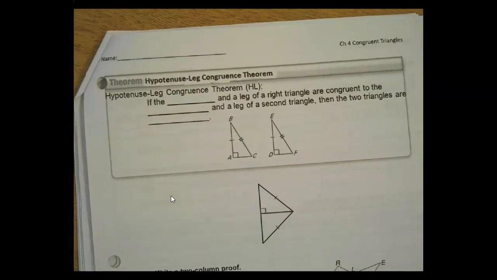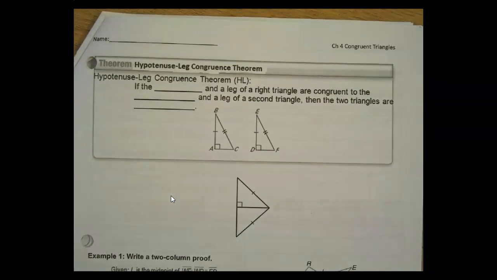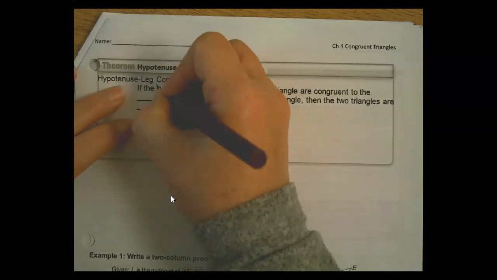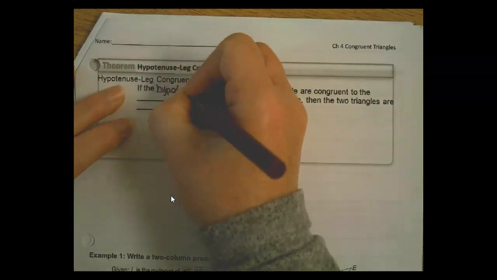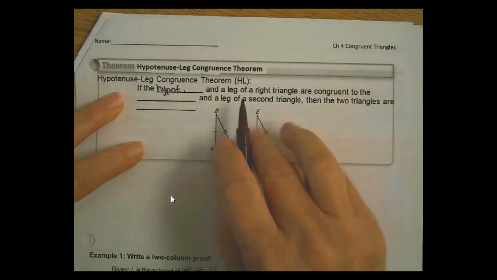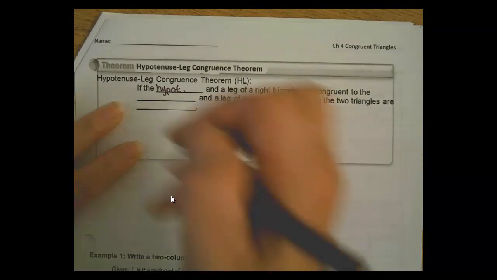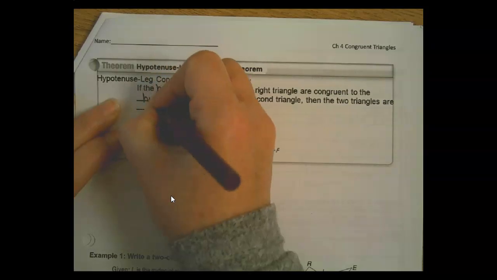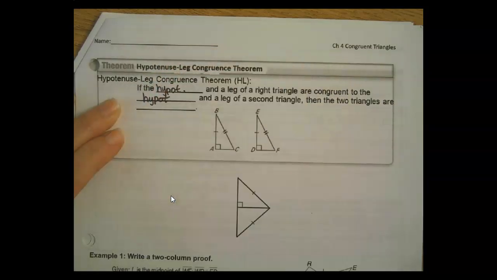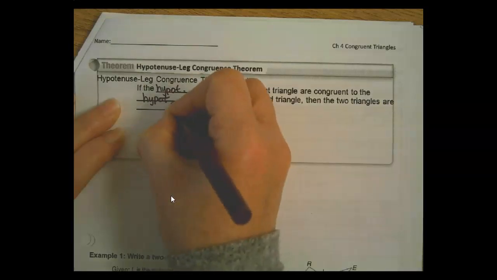All right, hypotenuse leg. Hopefully you know this only applies to a right triangle. If the hypotenuse, I'm going to shorten that, and a leg of a right triangle are congruent to the hypotenuse and leg of the second triangle, then the two triangles are congruent.